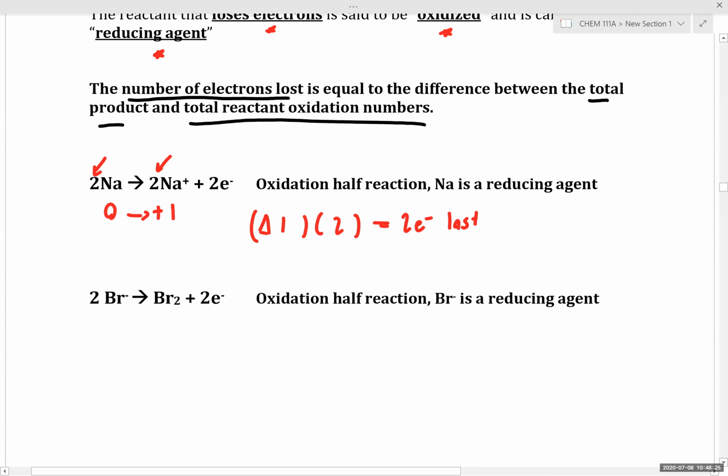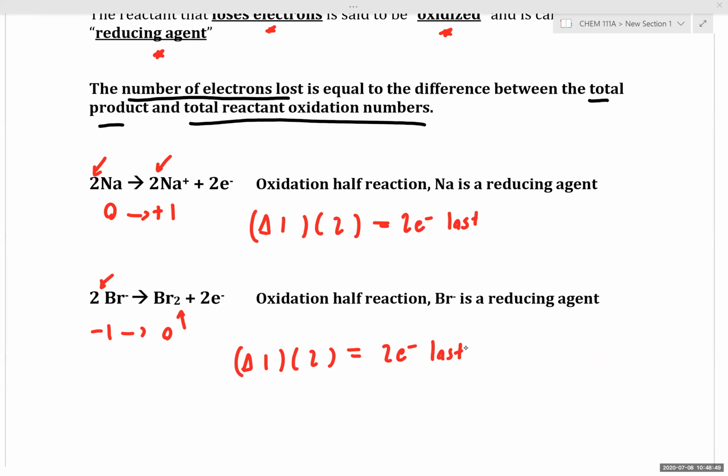So for bromine, we went from -1 to 0, so we have a difference of 1. We've undergone this process 2 times because we have 2 bromine atoms. So that in turn gives us 2 electrons lost. Is everyone feeling comfortable counting electrons? Do these rules make sense?